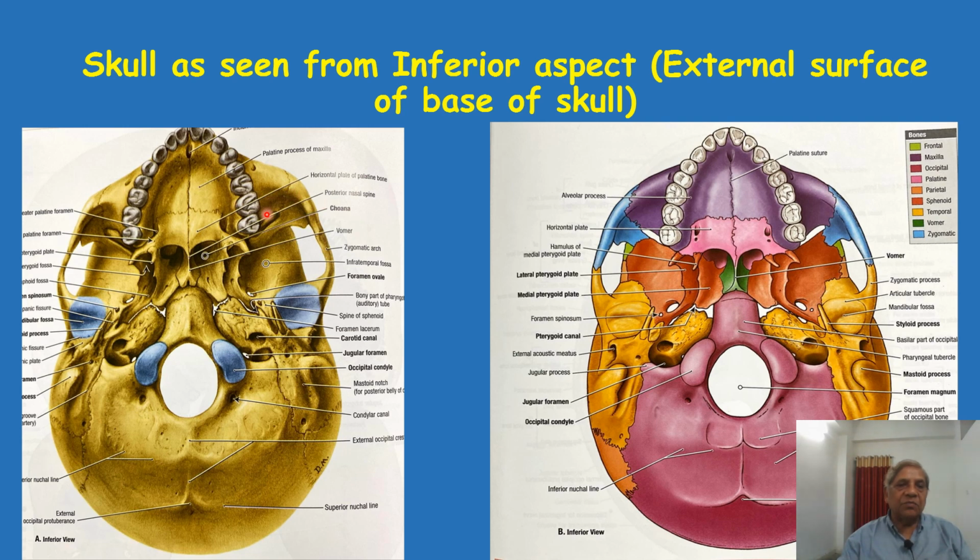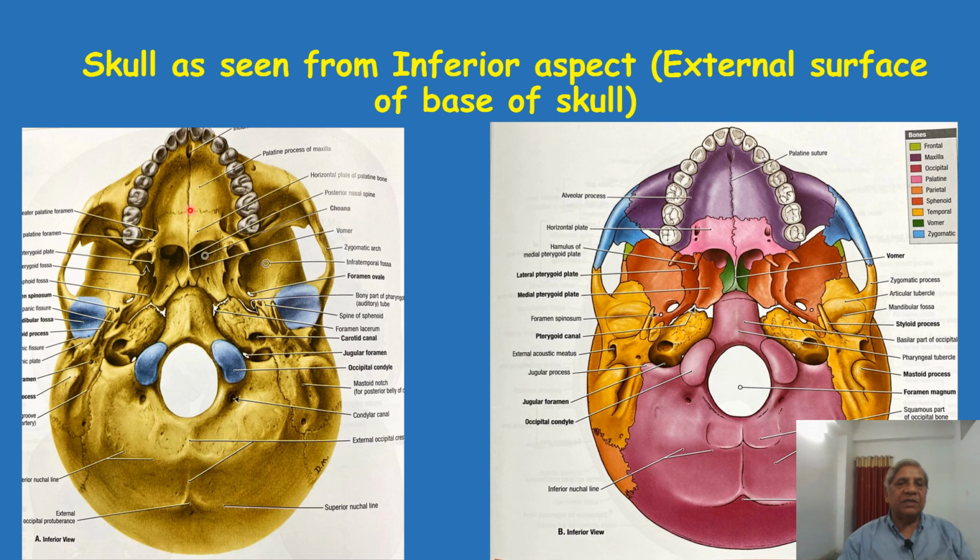You can see that the most prominent feature on this is the alveolar process. So, we can ask you, what is the alveolar process? Which is the maxillary alveolar process? You can say that these are the lower border of the maxilla. The right and left maxillae join at the midline, and this suture extends also on this basal surface.